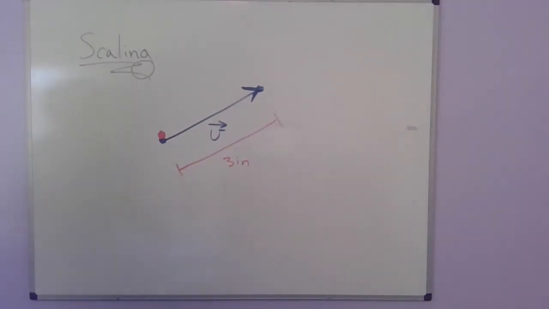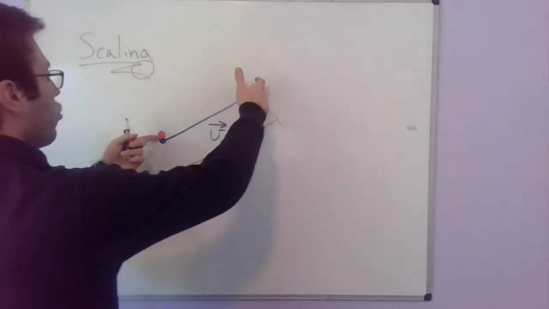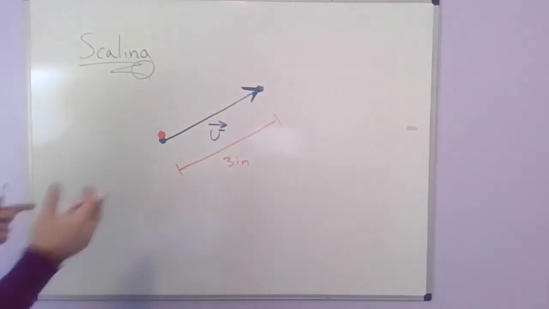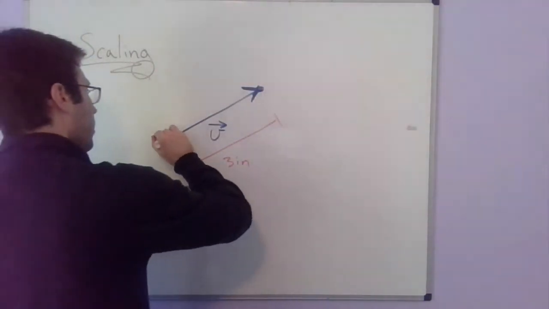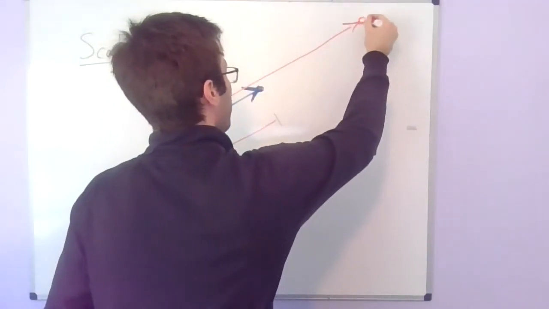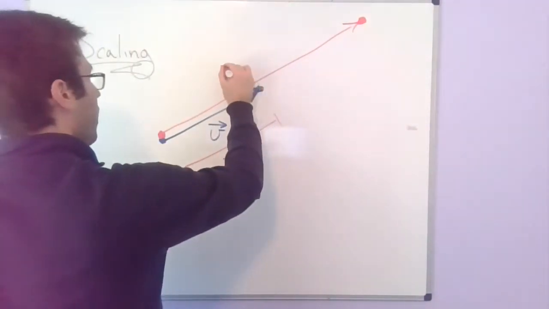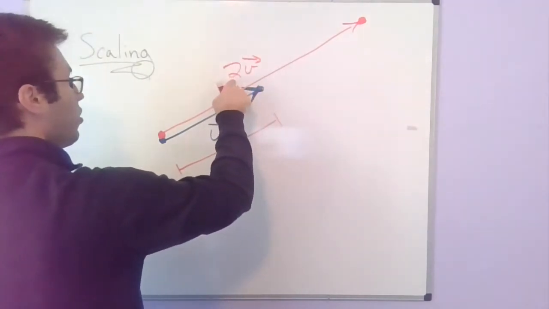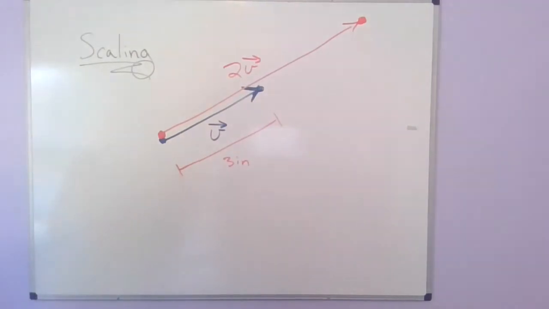What I can do with that vector, let's say I wanted to make this thing twice as big. I can take that vector and make it twice as big by scaling it. So the new vector would be 2 times the vector v.